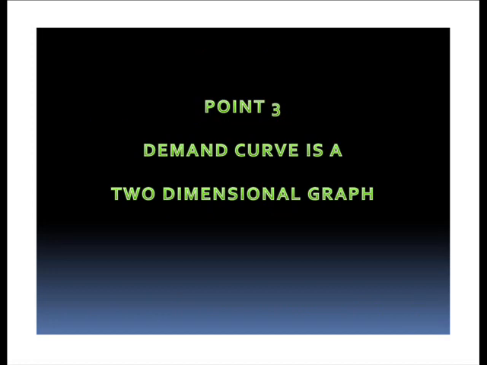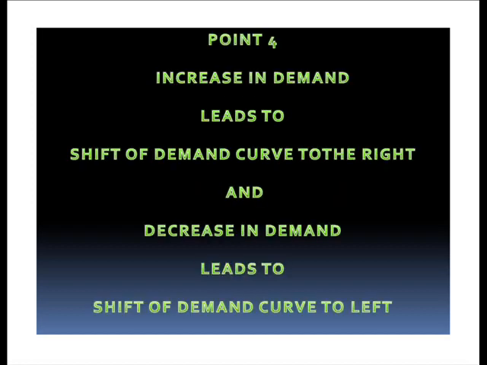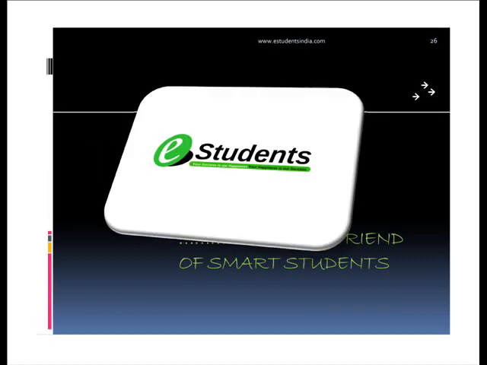Point 3. Demand curve is a two-dimensional graph. Point 4. Increase in demand leads to shift of demand curve to the right and decrease in demand leads to shift of demand curve to the left.